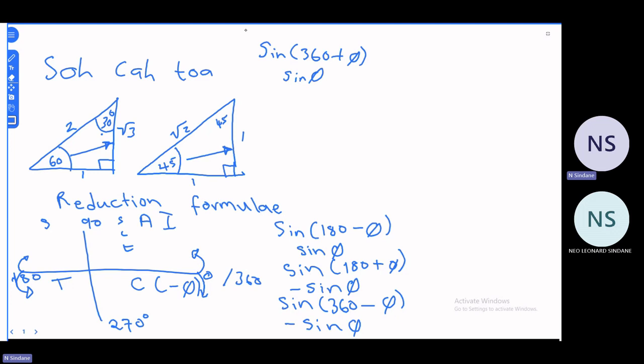Now we're done with sine. The only one that is left is cos ratios. But now, before that, let's come to cos of theta. Okay, there's one more I didn't do of sine.